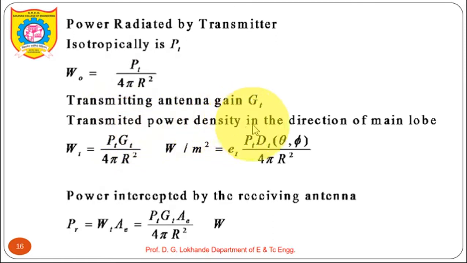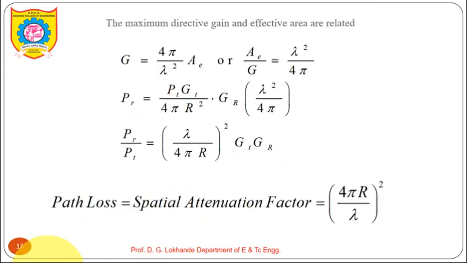So the transmitted power density in the direction of the main lobe is Pt Gt upon 4 pi r square, where the power is intercepted by the receiving antenna with some aperture area. So it is Wt into Ae, which is called the received power. That can be calculated as Pt Gt Ae upon 4 pi r square.